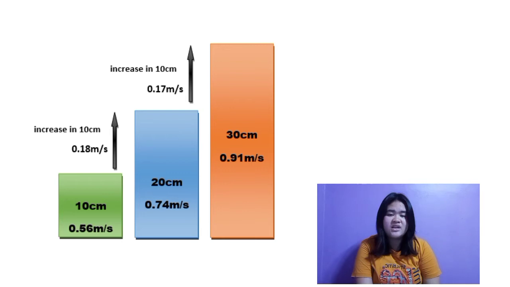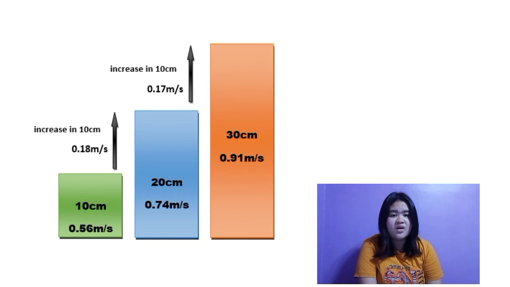However, when the height increases 10 centimeters, which became 20 centimeters, the velocity increases to 0.74 meters per second, leading to a difference of 0.18 meter per second. On the other hand, at 30 centimeters, the average velocity is 0.91 meter per second. Subtracted from the average velocity of 20 centimeters, we get 0.17 meter per second.